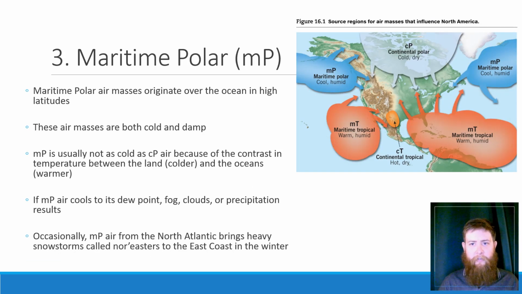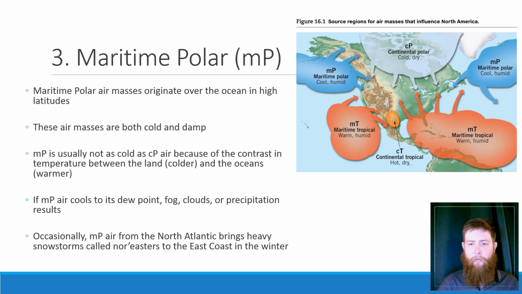All right, kind of moving to the outsides now, we're going to talk about maritime polar, and all of these get a two-letter abbreviation. Continental polar was CP, continental Arctic was CA, maritime polar is MP. You'll notice that where it originates is lowercase, and the temperature is uppercase. So this one's maritime polar, so it's MP, and the P is capital. And this is originating over the oceans in these more northern regions, further away from the equator.